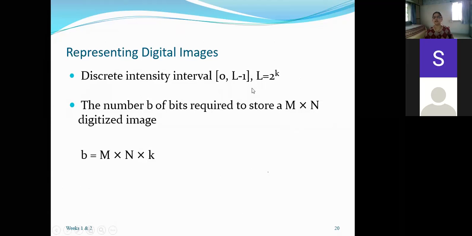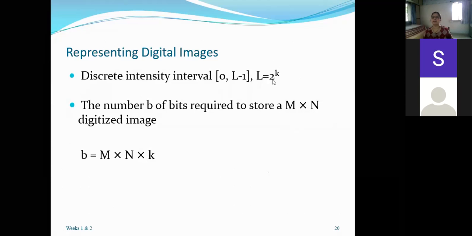Now say if I use 3 bits to represent 1 pixel, how many intensity levels are possible, or what is the value of L if I am using 3 bits? Please type your answer. Yes, Aryan, yes, Gargi, your answers are correct.